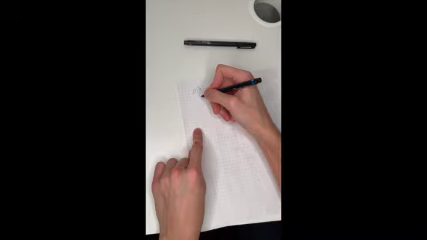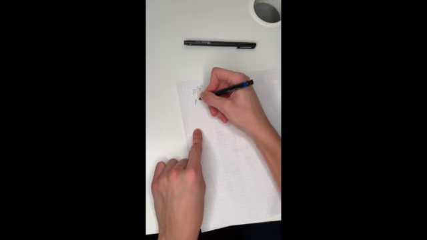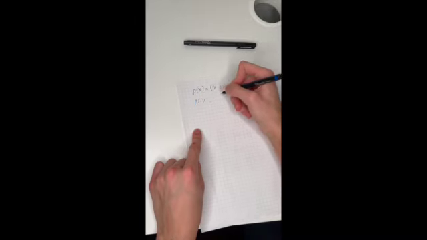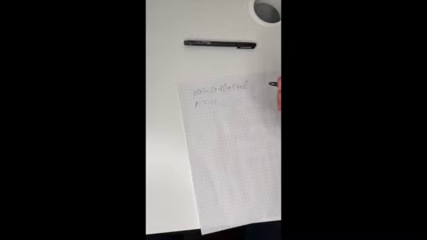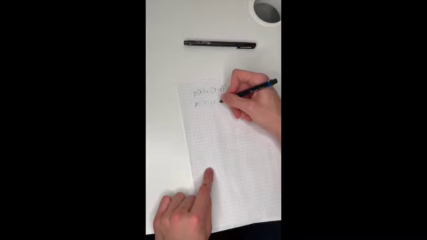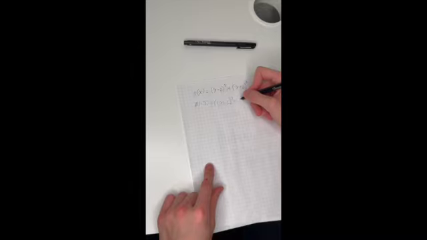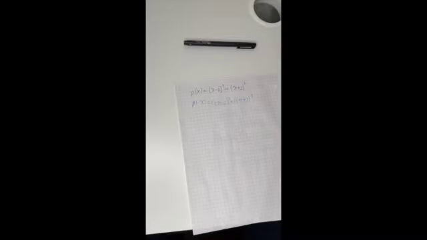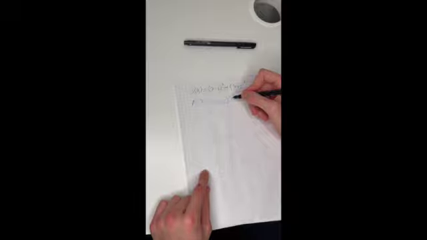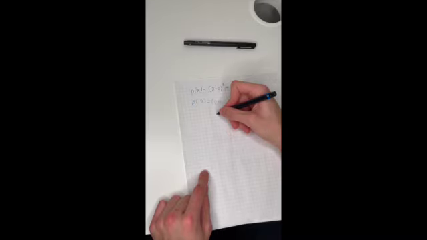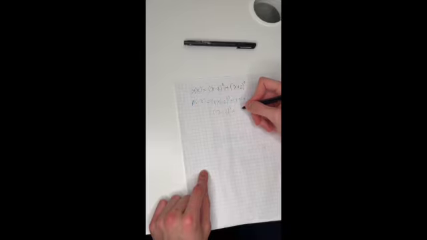This one, same thing. p of negative x equals negative x minus 2 to the power of 3 plus negative x plus 2 to the power of 3. Because of this power of 3, this is still going to be negative. Same thing here.